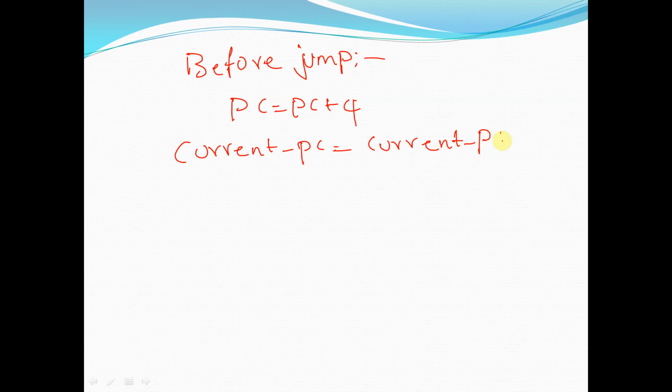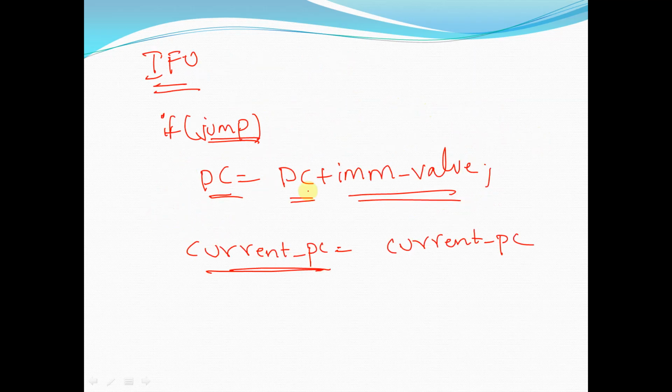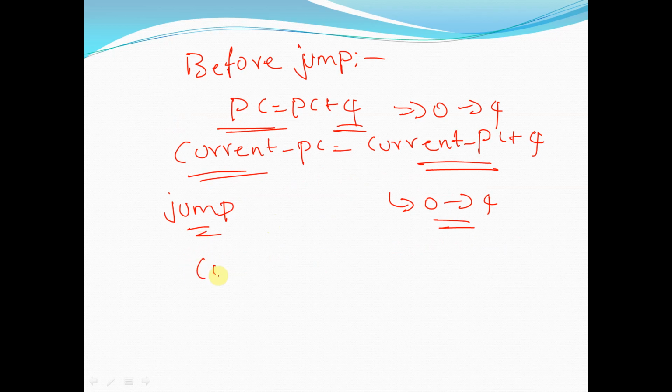So these two will work the same. PC will increment from 0, 4 like that, and current PC will also increment from 0, 4 like that. So what happens if jump is there? The program counter will increment by the immediate value, but current PC will store its previous value by default. Okay, that's how we are storing the previous value of the program counter.